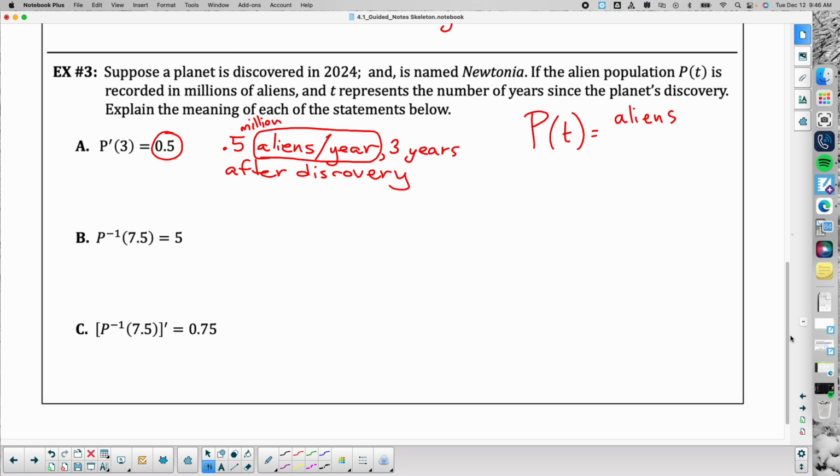So, the 7.5 million population. You're saying the same information, but saying it backwards. 7.5 million population was reached 5 years after discovery.